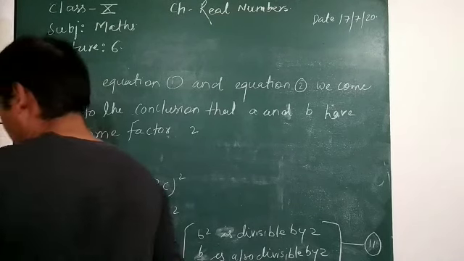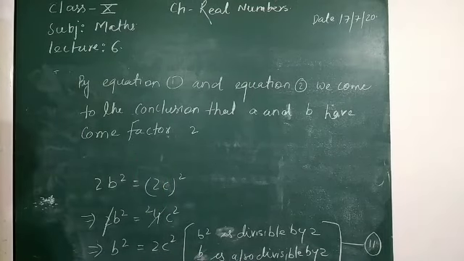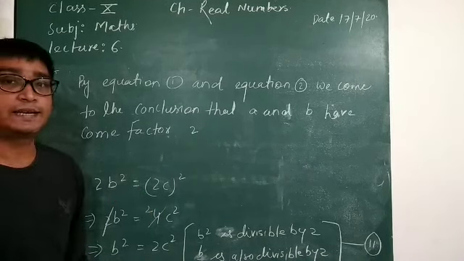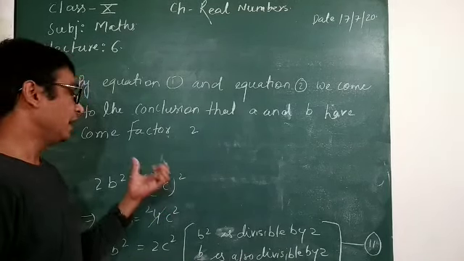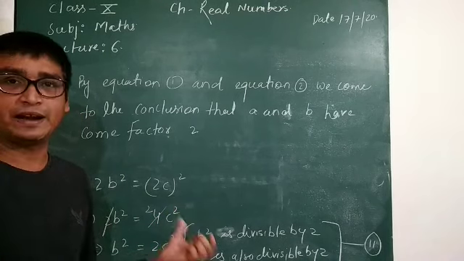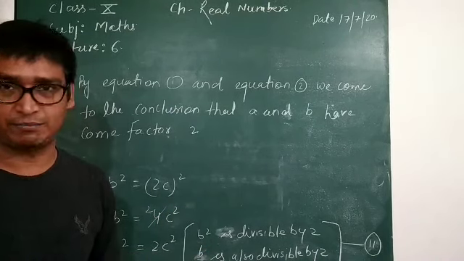Okay, so if 2 is a common factor, then we are coming to the conclusion that root 2 is a rational number. But we have assumed this as a contrary, which means we have assumed something incorrect.